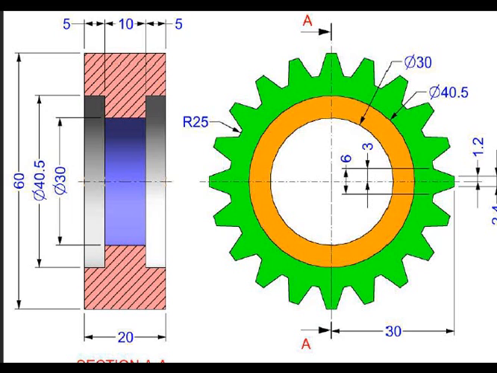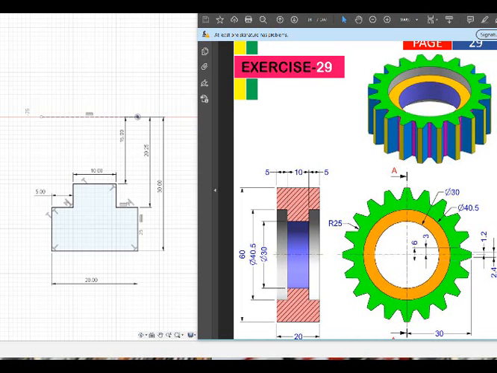I'm going to remove. This is our first sketch. That figure is going to be revolved around the axis in order to get the piece that we're going to use to remove the teeth.